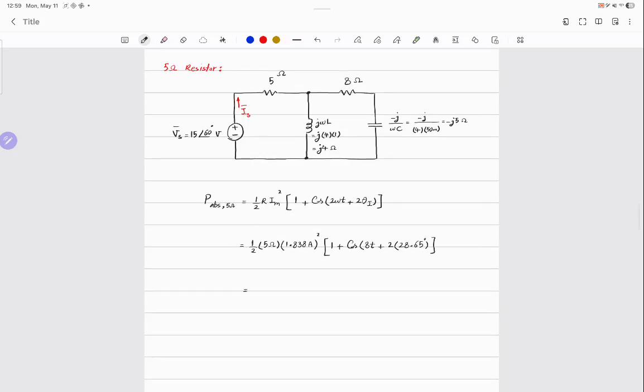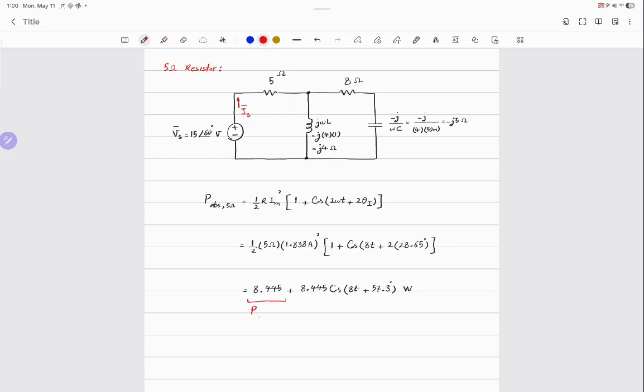It's equal to, and this is what I have, 8.445 plus 8.445 cosine 8t plus 57.3 degrees watts. What is the average power absorbed by this resistor, 5 ohm?